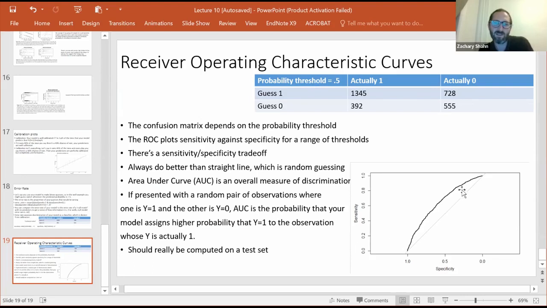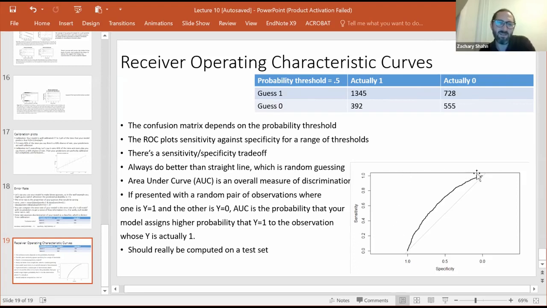And you can see this in the plot here too, where as specificity goes down, sensitivity goes up, right? Ideally, you want to have sensitivity and specificity both be one. For a given specificity, you want to have as much sensitivity as you can have. And for a given sensitivity, you want to have as much specificity as you can have. So you want this curve to be as close to this square here as it could be.